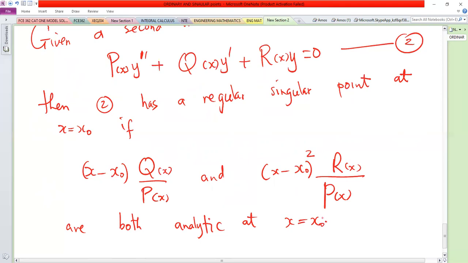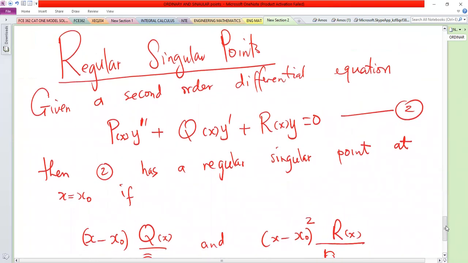So that is the definition of the point X equals X naught being a regular singular point for the second order differential equation given by this equation.